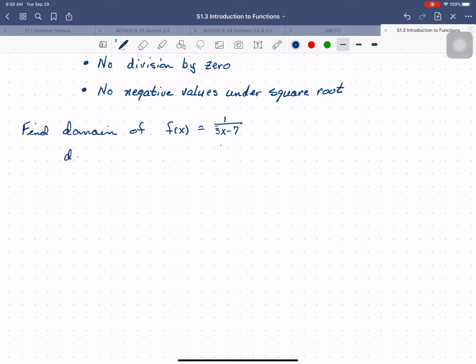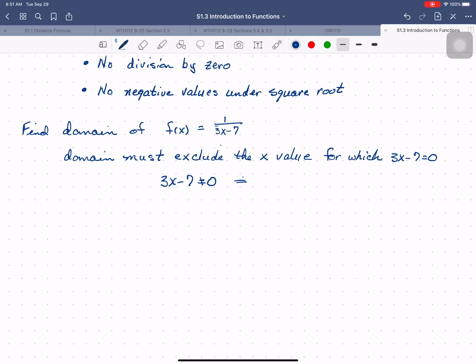So my domain must exclude the x value for which 3x minus 7 equals 0. So I can write 3x minus 7 cannot equal 0. Add 7 to both sides and then divide by 3, and that quickly leads us to x cannot equal 7/3.